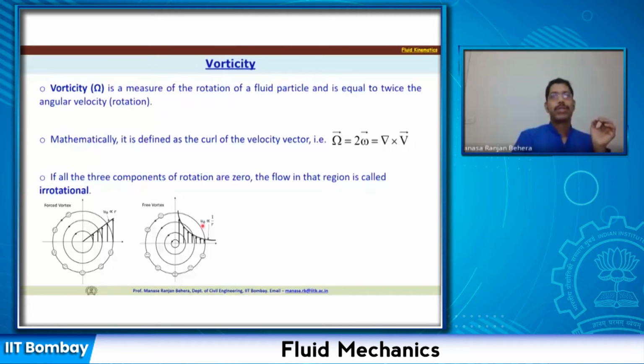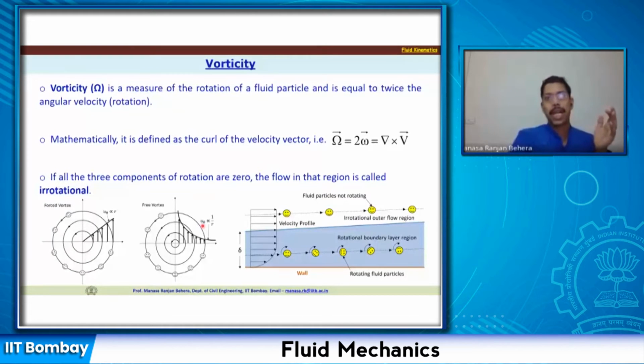All right. So there are applications, and you will possibly come across them at a later stage when we talk about these flow regions. You can have the boundary layer region, and in the boundary layer region, the viscous effect is going to be higher. Due to that effect, there will be some resistance, and due to that, the motion is going to be rotational, or the fluid flow properties are going to be rotational.